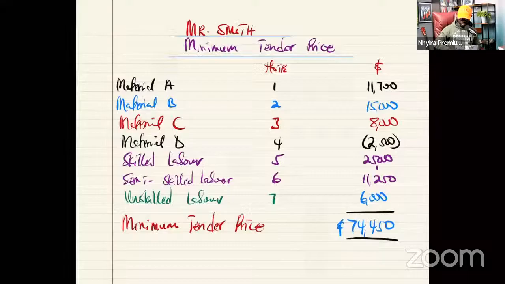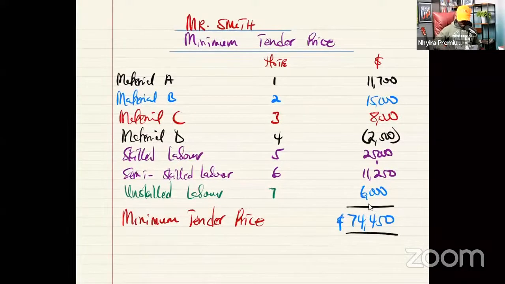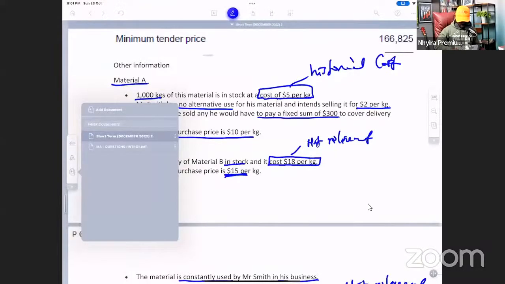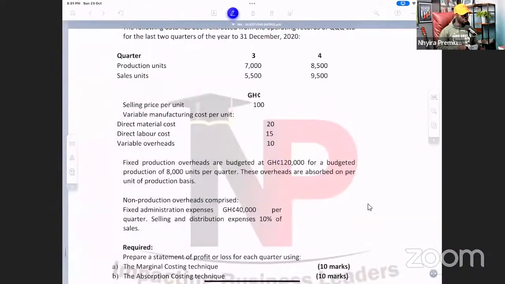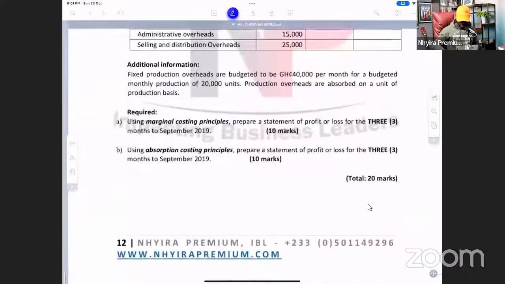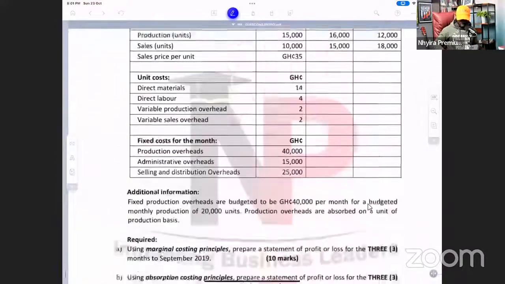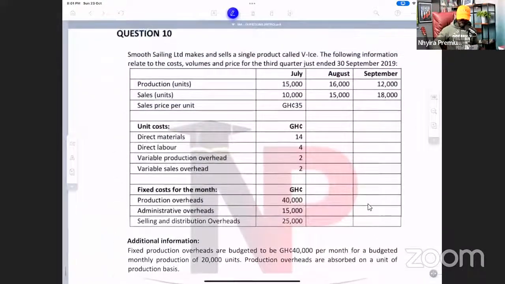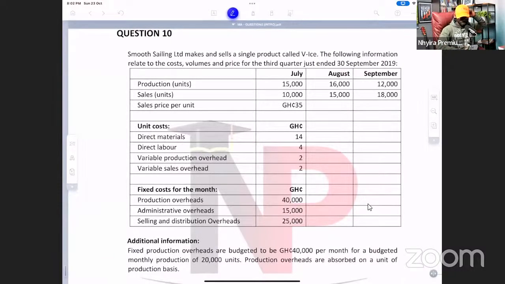It's in our management accounting introductory documents. And I think that's the final question, Smooth Sailing, question 10. I think that was what was given as an assignment to you guys. So let's see what we can do in relation to this one.